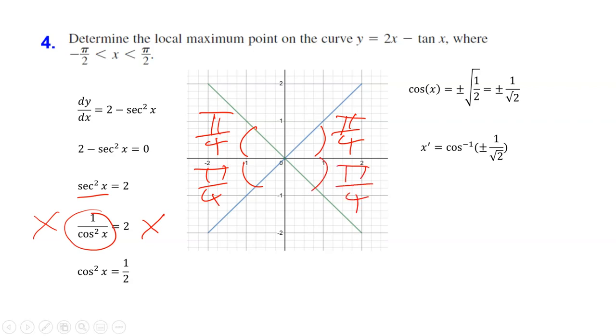So here are my potential values of x. There's minus pi over 4 and there's plus pi over 4. The only thing is that I can only get to the angles in this quadrant and this quadrant. I can't get to the angles over here. Why? Because this thing says you can only go between minus pi over 2 and plus pi over 2. So I can only go as far as here, and I can only go as far as here.